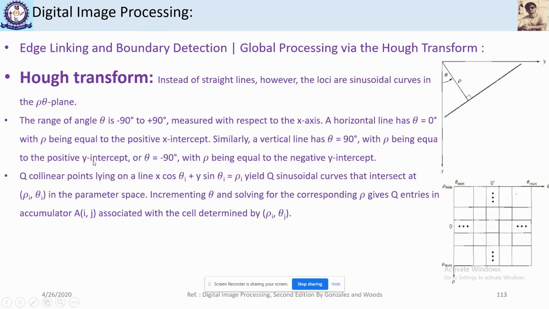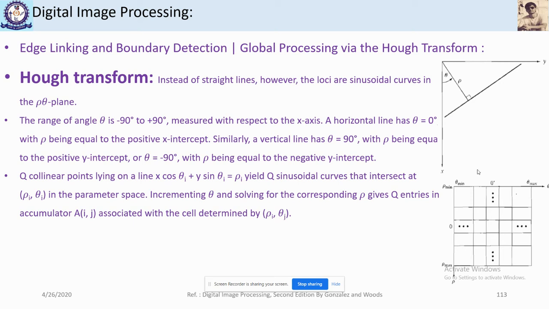Now what it says next: q collinear points lying on the line x cos theta i plus y sin theta i equal to rho i yield q sinusoidal curves that intersect at rho i, theta i in the parameter plane. So suppose we have q number of curves that are intersecting at a point in the rho theta plane.